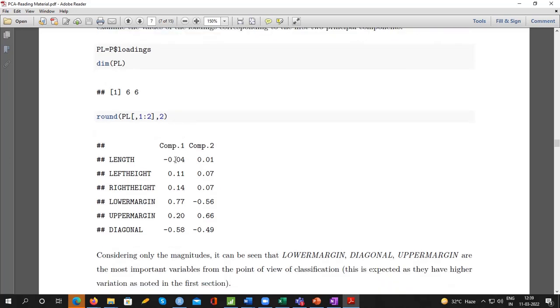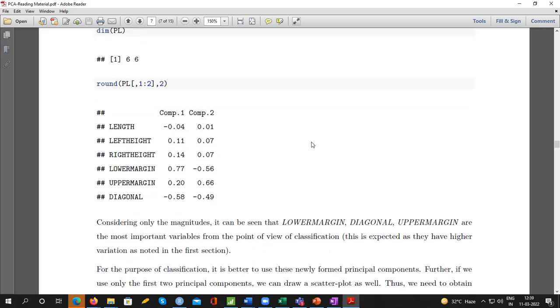Which variable do you think is important if I look at the first component? Which variable do you think is the most important? Lower margin. Correct, because magnitude-wise it has the highest value.